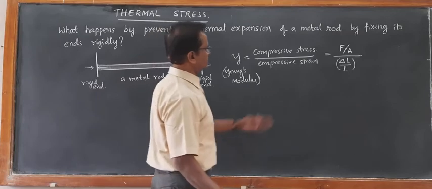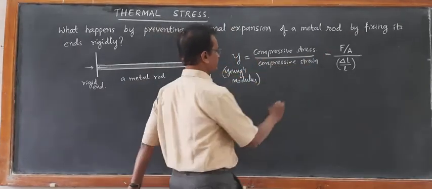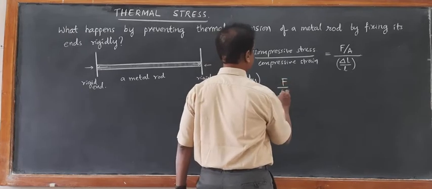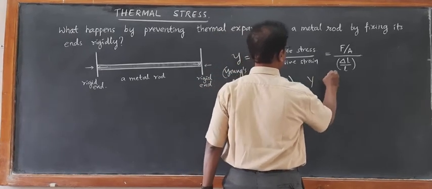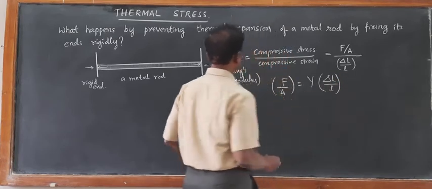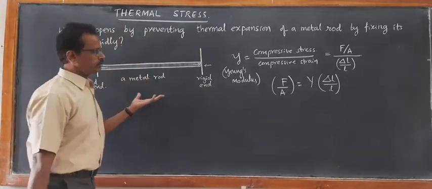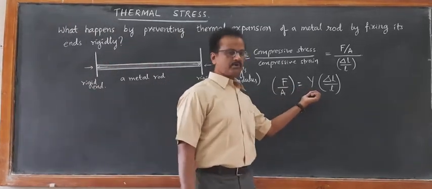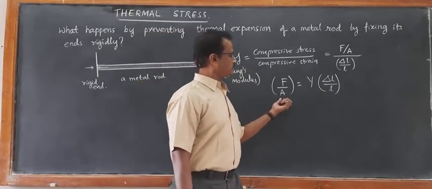So we can calculate the compressive stress as F by A is equal to Y into delta L by L, where Y is Young's modulus of that particular rod. Suppose we have taken an iron rod, then we substitute the value of Young's modulus of iron, and we can calculate this stress.